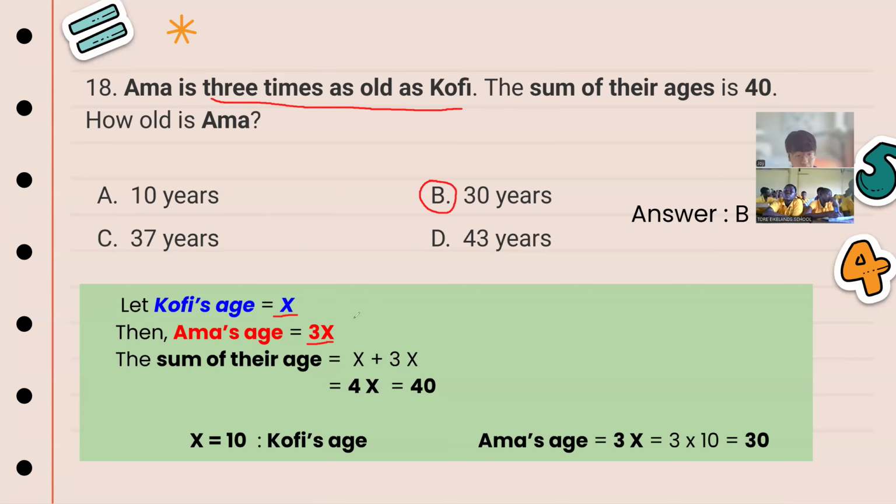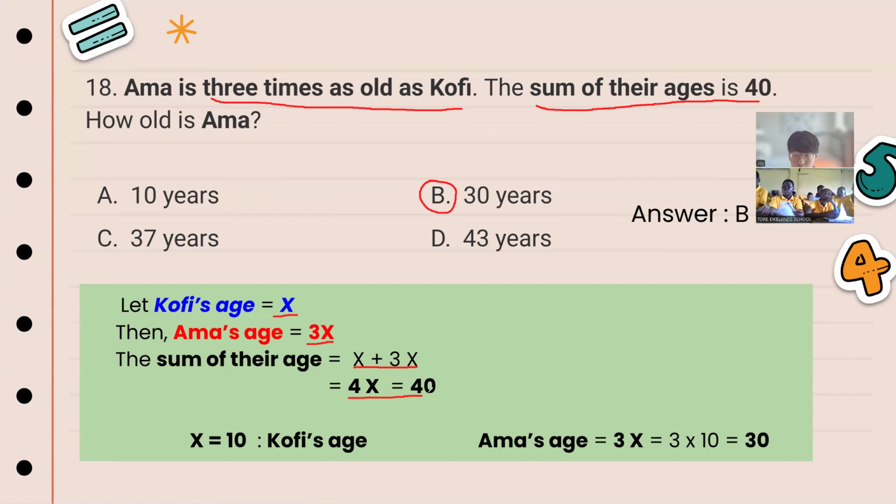Then we add their ages. So x plus 3 times x, which is 4x. And 4x equals 40 because the sum of their ages is 40. Now solve for x. 4x equals 40.